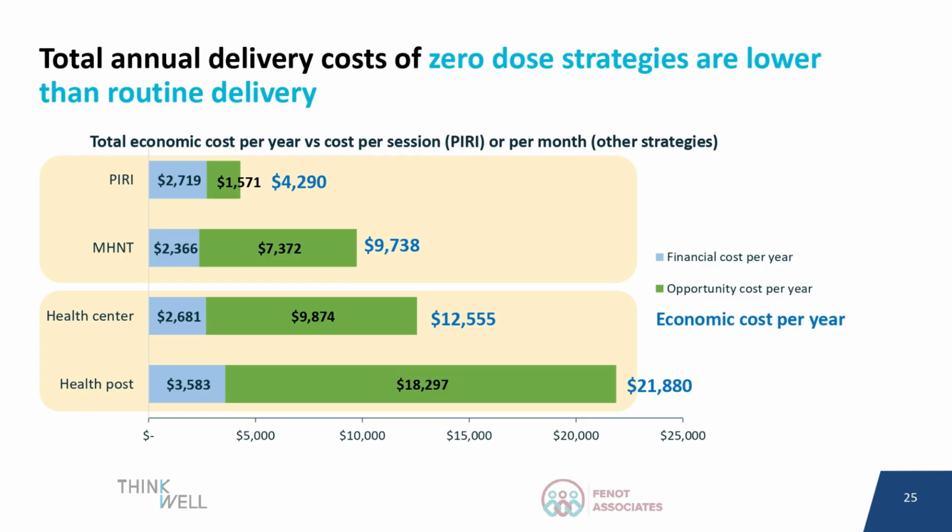For the mobile health and the nutrition team, it costs about 9,739 US dollars. From that, the financial cost is about 2,366. You can also see the financial and opportunity costs breakdown for the health center and health posts. Next, please.